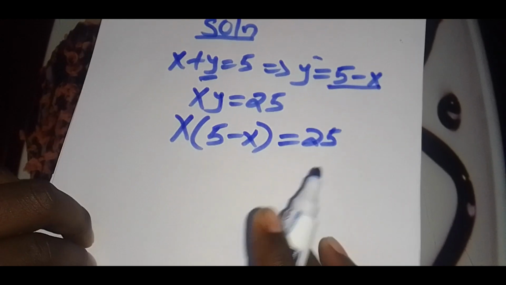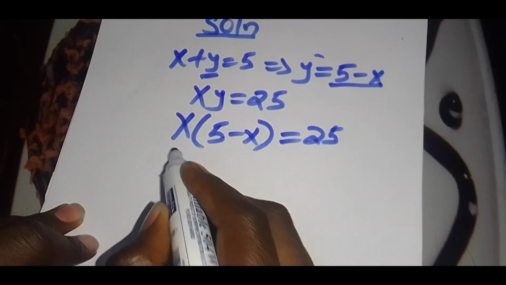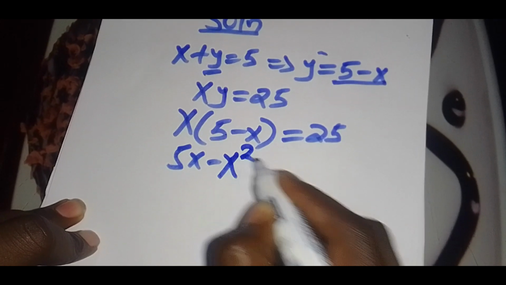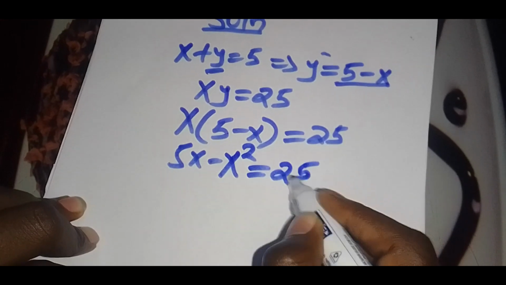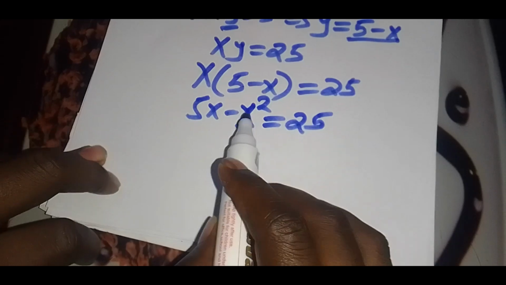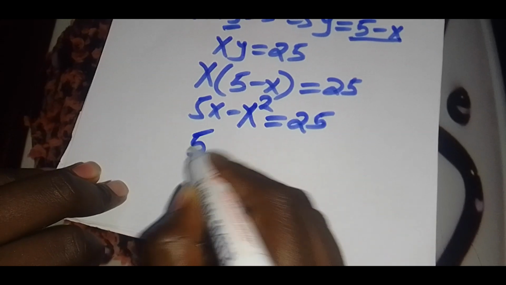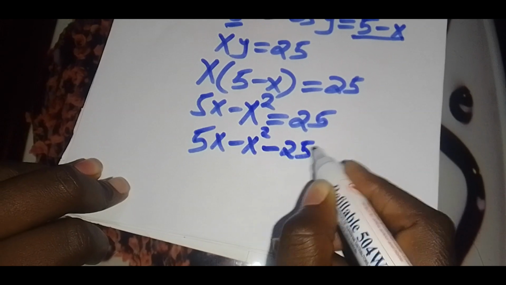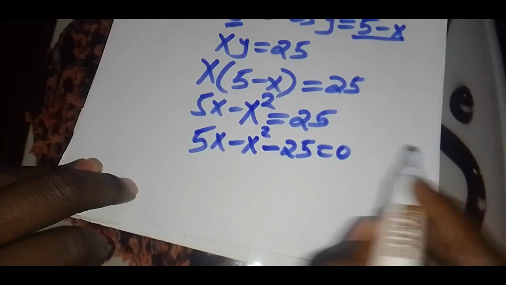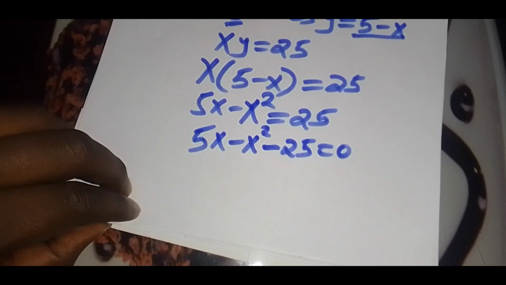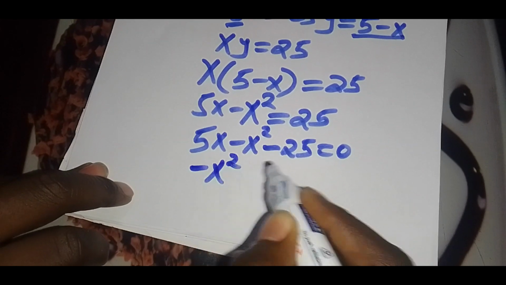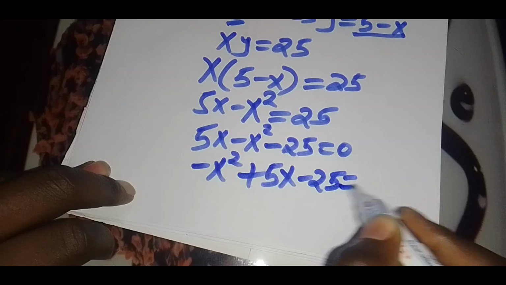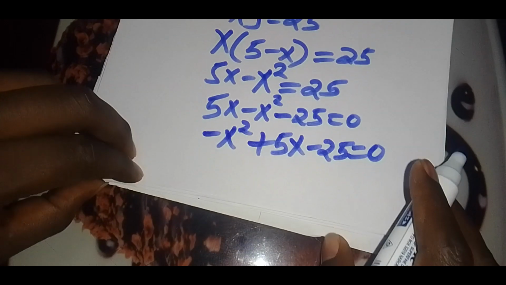Now we have 5 times x, which is 5x, minus x times x, that is negative x squared, equal to 25. So we have 5x minus x squared minus 25 equals 0. If we rearrange this equation, we have negative x squared plus 5x minus 25 equals 0.